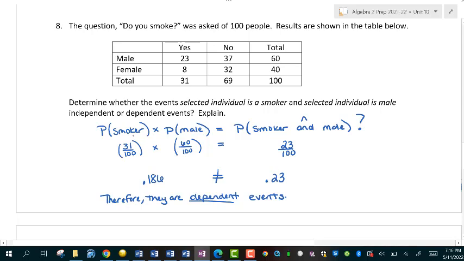So the probability of smoker times the probability of selecting a male. So 31 over 100 times 60 over 100. And I wanted to see, did that equal the intersection of the probability of smoker, so yes, and male, so 23 over 100. Now, when you multiply these and make sure to use your parentheses here, you get 0.186. Again, because that does not equal 0.23, that means that these are dependent events.